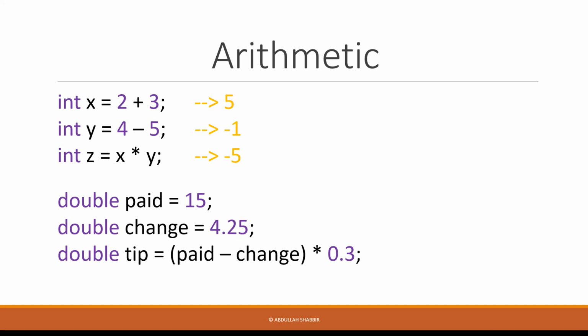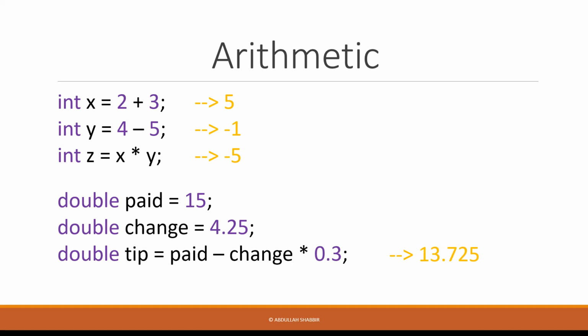So in this case, what would happen is paid minus change would calculate the value of 10.75, and then that result would get multiplied by 0.3, which would evaluate to 3.225, and that would get stored in the variable tip. So I know I have to pay $3.225 tip.